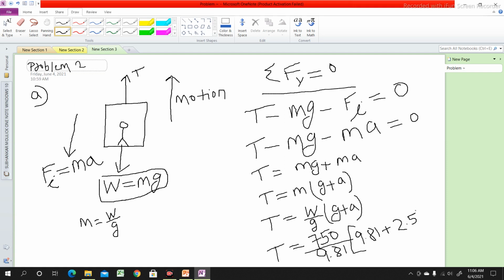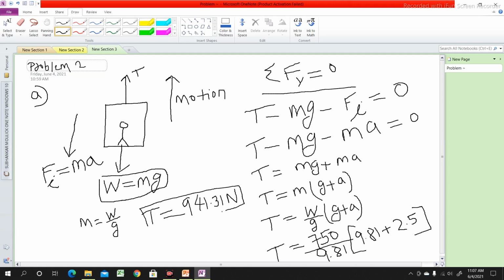Just solve this expression. You will get the value of tension T in the cable supporting the lift, or the pressure that the man will exert on the floor of the lift. How much is this tension T coming? Tension T is equal to 941.31 Newton. This is the first part of the problem.